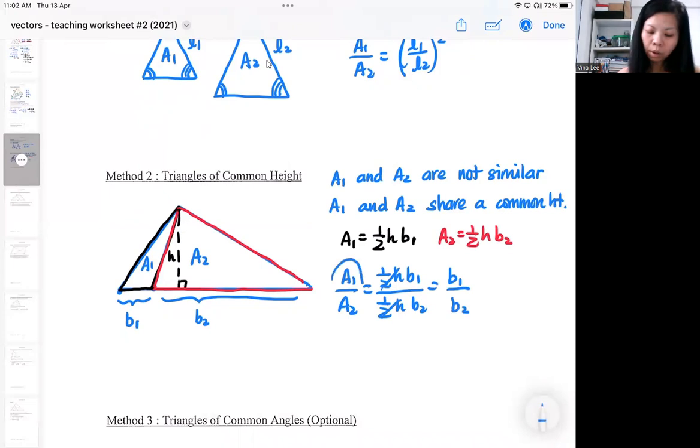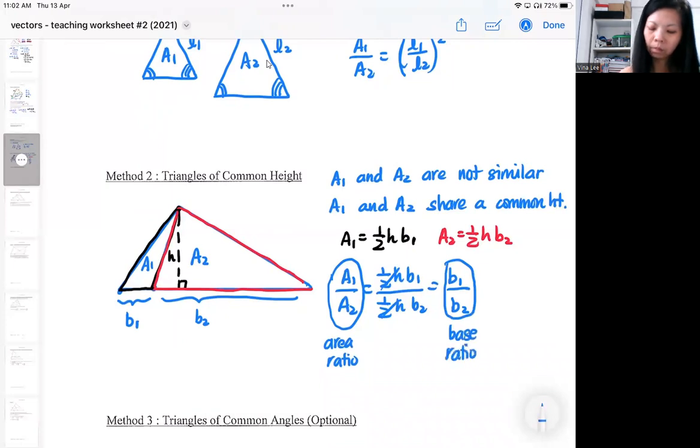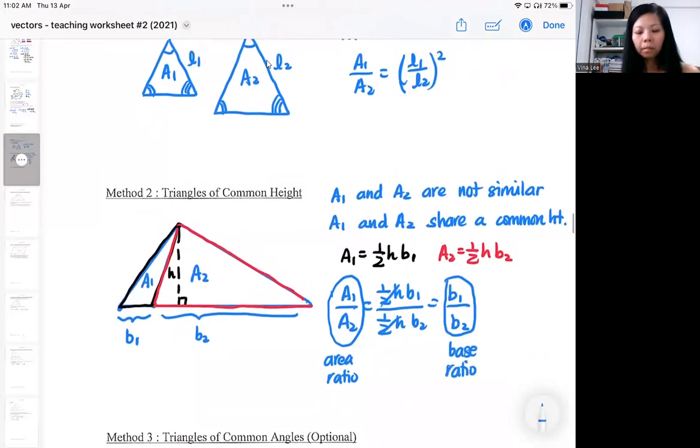So the area ratio is reduced to the base ratio. Common height has the ability to cancel the height, which is why you are left with the base ratio.